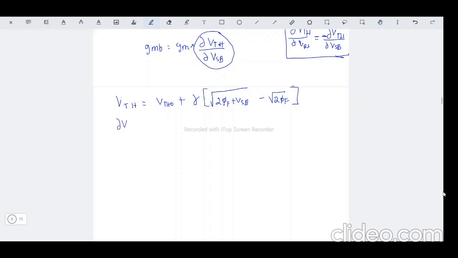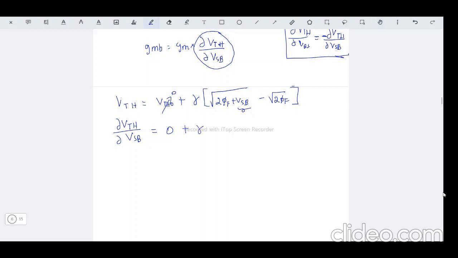So we have to differentiate this VTH with respect to VSB. This is a constant which will come as 0, because it is not changing with respect to VSB. The only parameter which changes with respect to VSB is VSB itself.